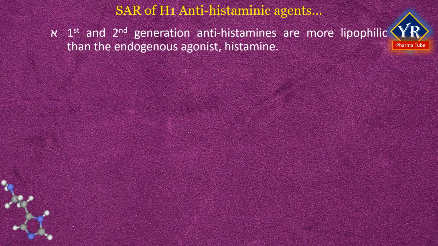Generally, the first and second generation antihistamines are substantially more lipophilic than the endogenous agonist, that is histamine, or the H2 antagonists. This lipophilicity difference results primarily from the presence of the two aryl rings and the substituted amino moieties, and thus may simply reflect the different structural requirements for agonist versus antagonist action at H1 receptors.